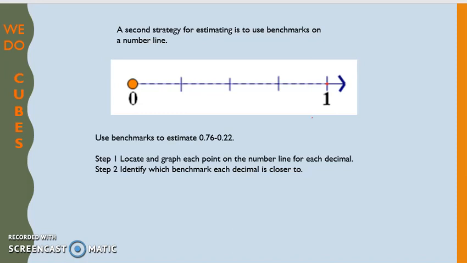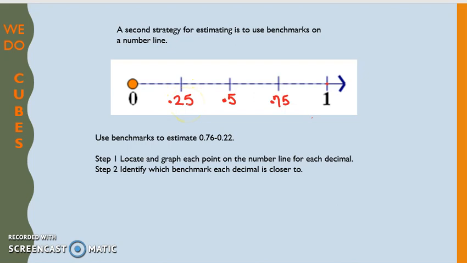The first thing we're going to do is locate and graph each point on this number line for each decimal. Before we do so, I want to point out that the center right here is 0.5. This benchmark right here is 0.75. And that makes this one, because it is halfway between 0 and 0.5, 0.25.